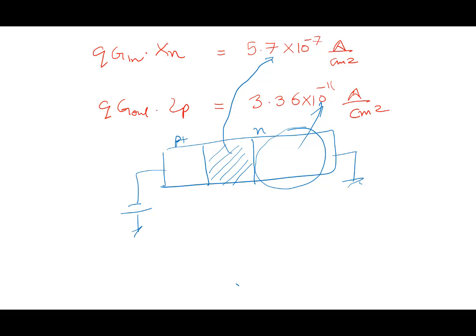Obviously your reverse current JR is almost equal to Q generation inside the depletion region multiplied by Xn. Almost the bulk of the dominant generation current, the reverse leakage current, is all coming from within the depletion region.